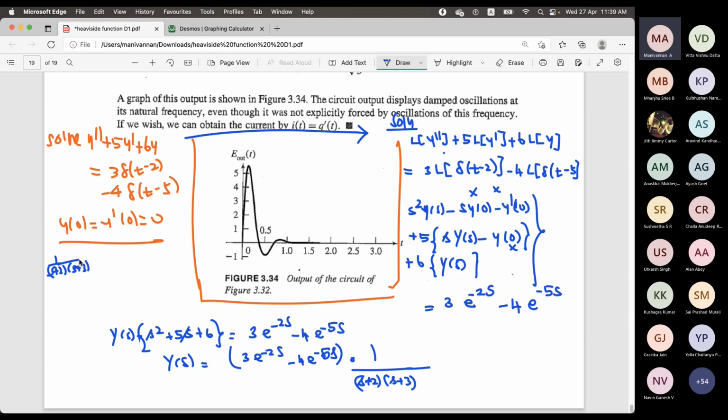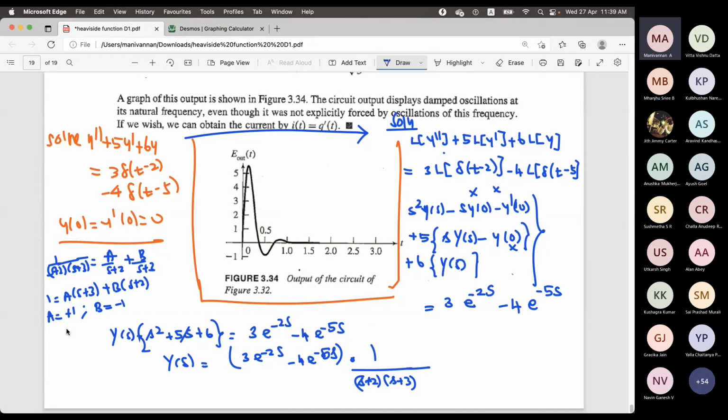Can you tell me the a and b value? 1 equals a into s plus 3 plus b into s plus 2. When s is minus 2, a is positive 1. When s is minus 3, b is minus 1.